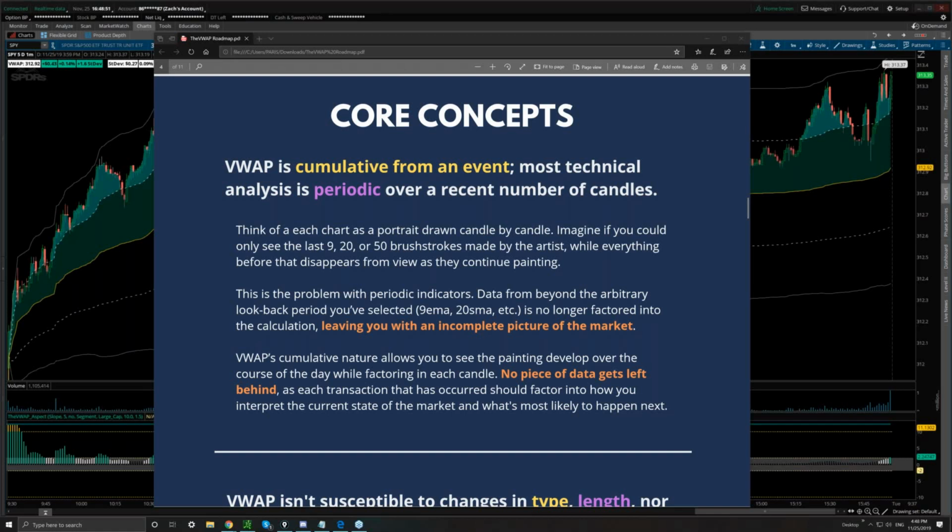Because VWAP is cumulative from an event, that means we don't have to worry too much about a lot of the usual details and the idiosyncrasies that most technical analysis requires. If you've ever had a debate with someone about an RSI, and you said, well, I think the RSI is really good, and they say, oh, I think it's really bad, and you argue for a while and then realize you're talking about an RSI over 14 bars, and they're talking about an RSI over a much shorter look back period.